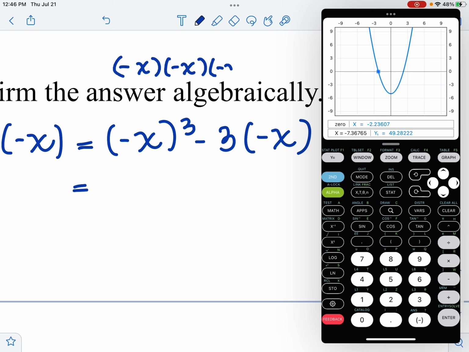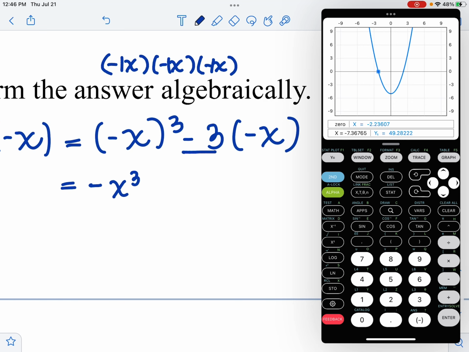Negative x times negative x times negative x. So realize this is -1, -1, -1, the coefficient in front. -1 times -1 times -1 is still -1. X times x times x is x cubed. So I have -1 x cubed, or negative x cubed. The next one I have -3 times negative x, which is positive 3x.